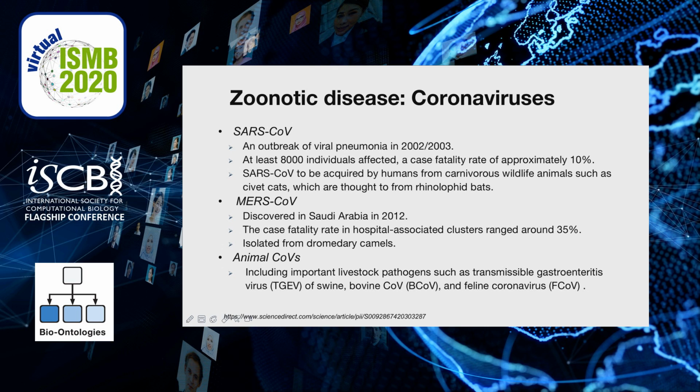It was isolated from dromedary camels. Besides human coronaviruses, other animal coronaviruses also include important livestock pathogens, such as transmissible gastroenteritis virus of swine, bovine coronavirus, and feline coronavirus.